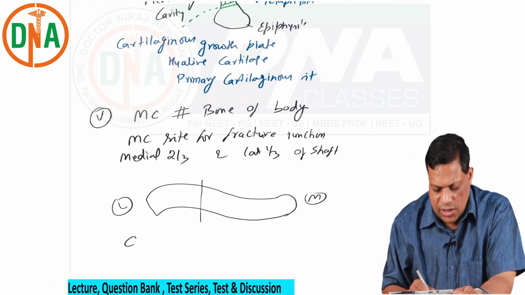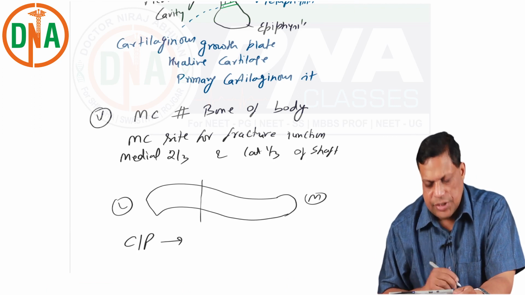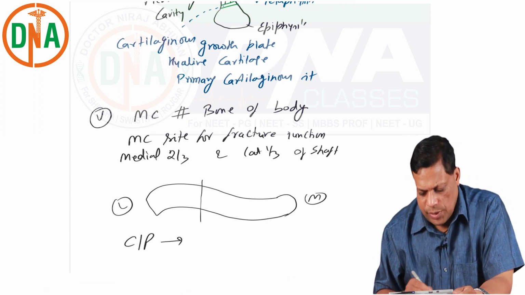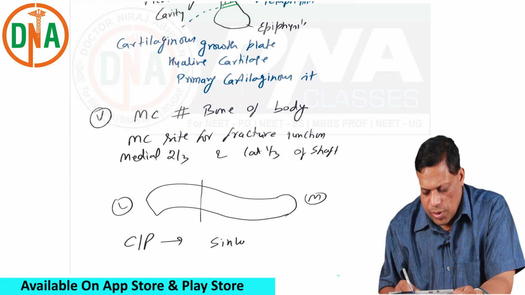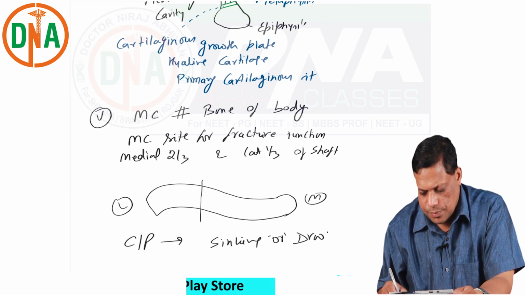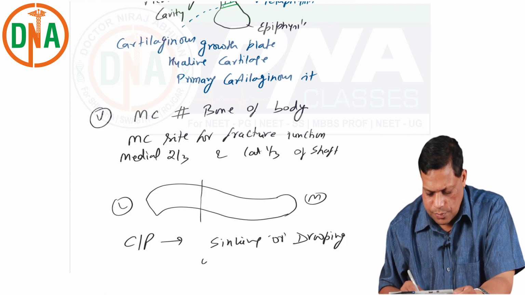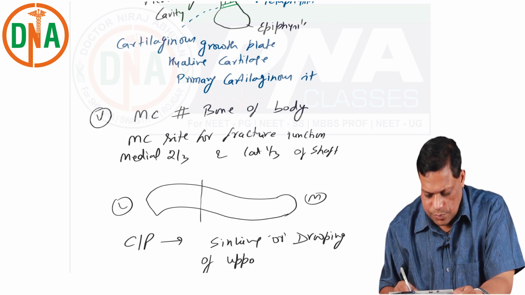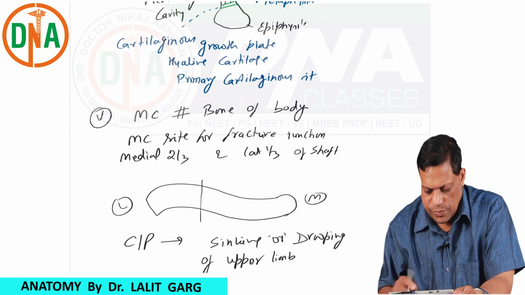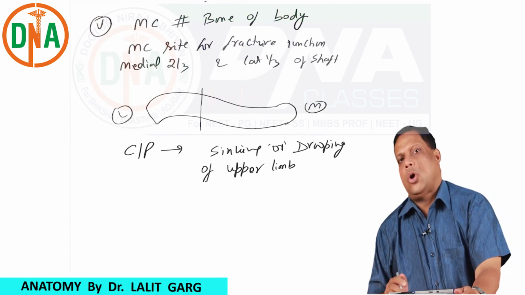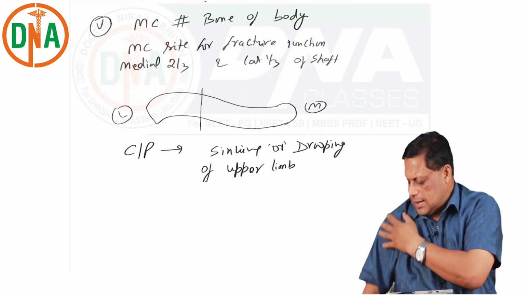After fracture of the clavicle, what will be the clinical presentation? The clinical presentation will be sinking or drooping of the upper limb. It is like this.